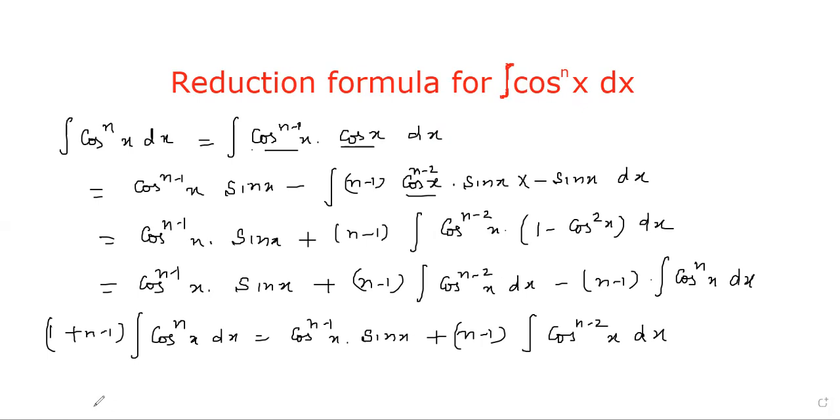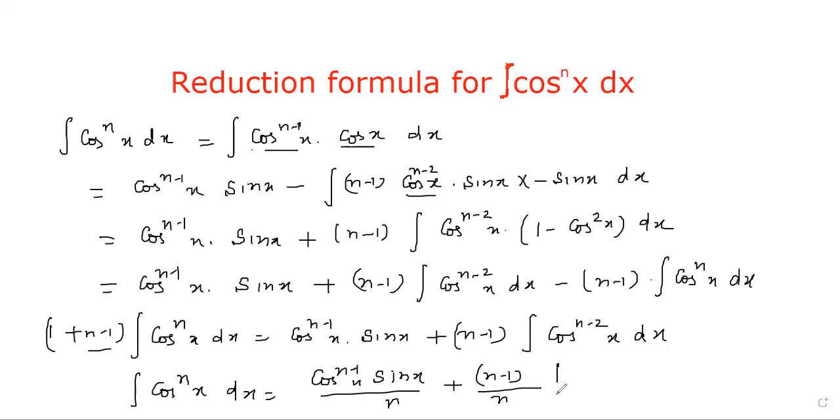So we can write further, this will become n. So integration cos power n x dx equals, we can divide by n each term, cos power n minus 1 x times sin x whole divided by n plus n minus 1 divided by n times integration cos power n minus 2 x dx. So this is the reduction formula.